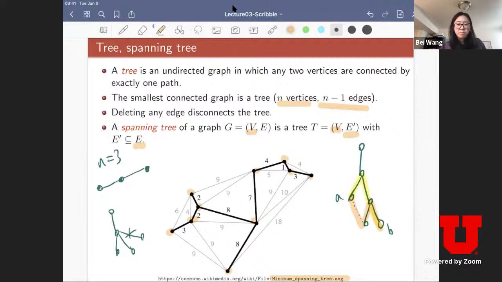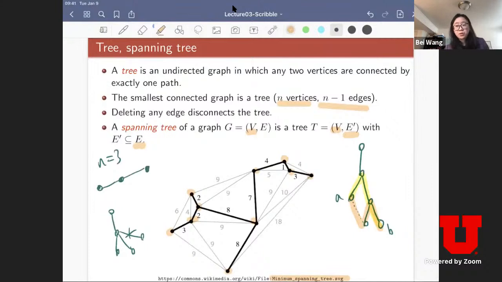The minimum spanning tree shows up in data analysis when you're thinking about route planning, and also when we later talk about how to compute persistent homology. The minimum spanning tree is going to show up there as well.